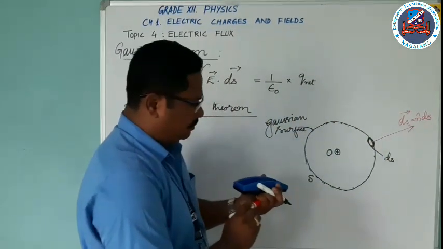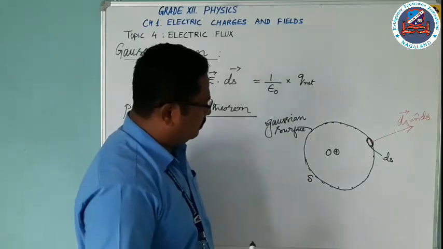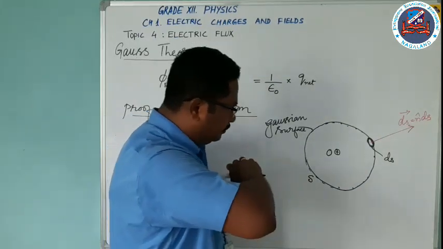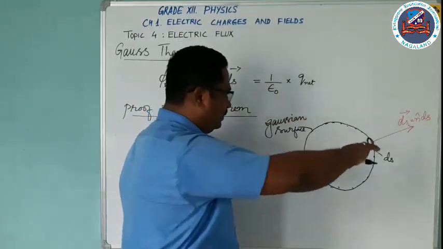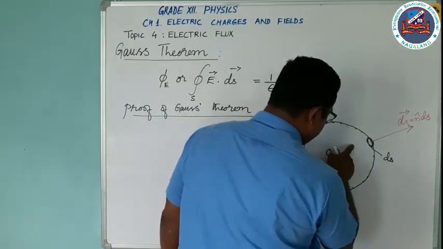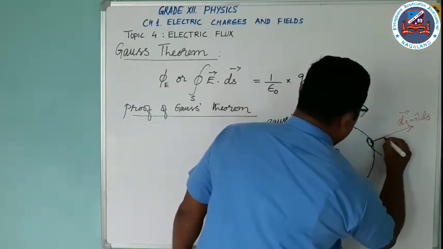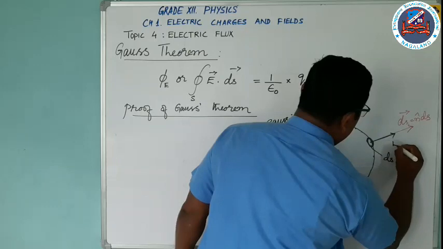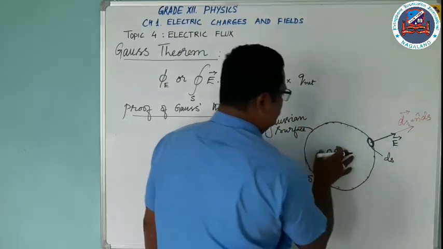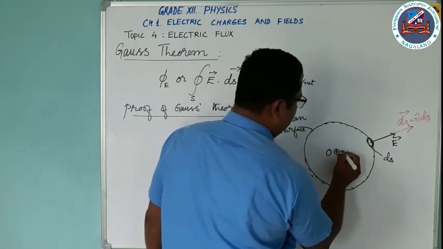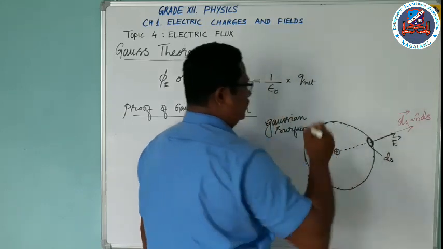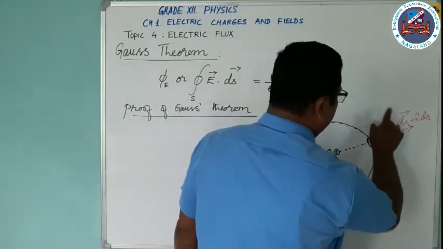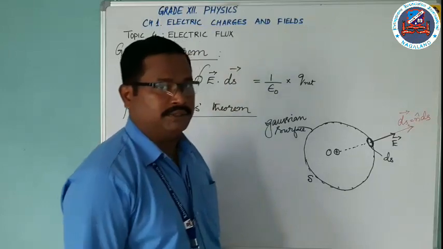This is the direction of the area vector. The electric field line also goes radially, along the same direction. So the angle between E and ds here is purely 0 degree.